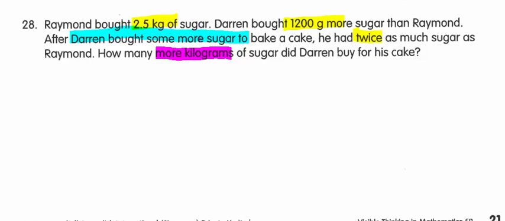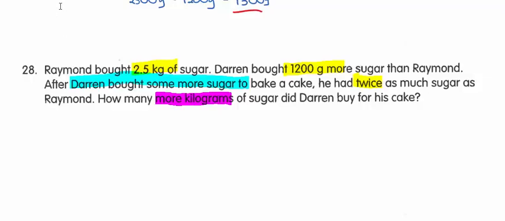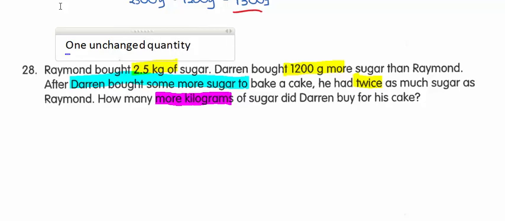So basically I want the increase. What does this look like? What do you think? This is 1 unchanged, because only Darren is changing, Raymond did not change at all.